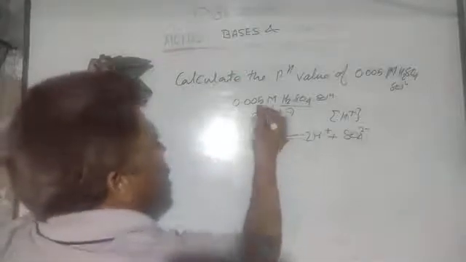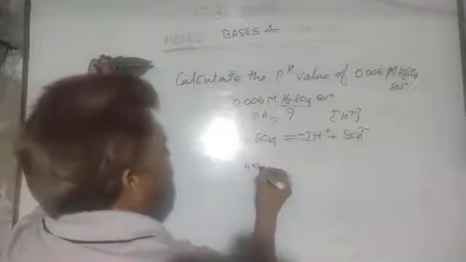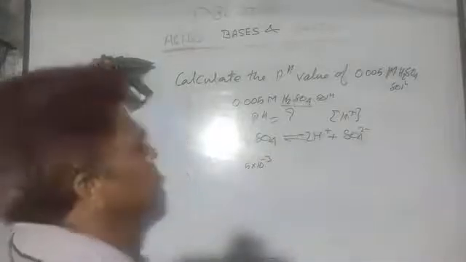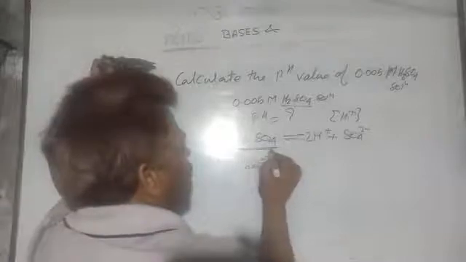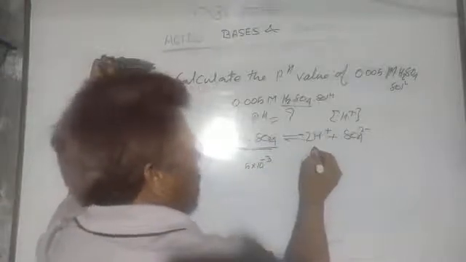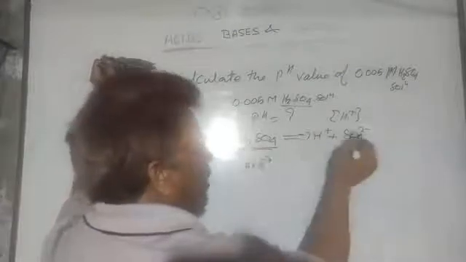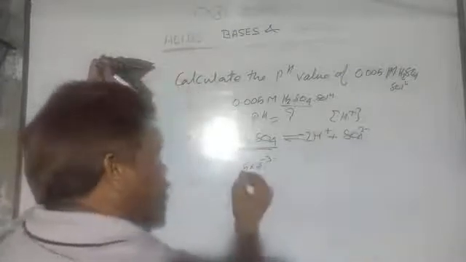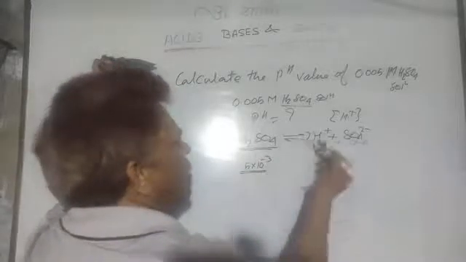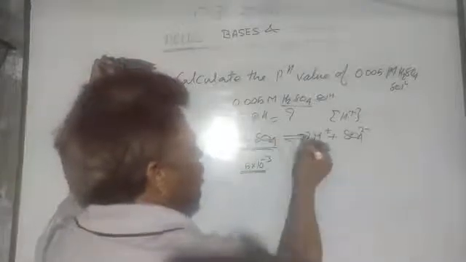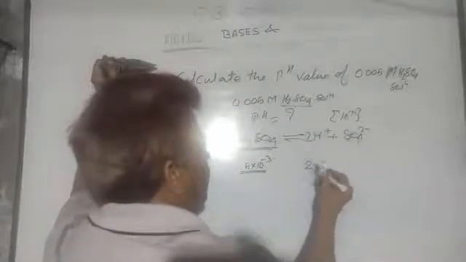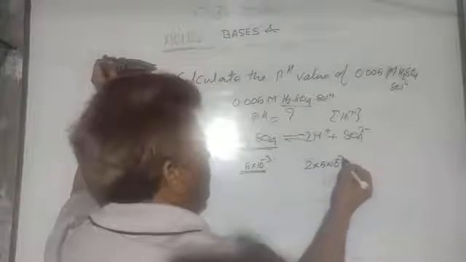So here the concentration given is 5 into 10 to the power minus 3 mole. So when 1 mole sulfuric acid dissociates into ions, that gives 2 mole of H plus, just double the mole of sulfuric acid, and 1 mole sulfate ion. So here the number of mole of sulfuric acid is 5 into 10 to the power minus 3. When that one dissociates according to this balanced ionic equation, you can write here 2 into 5 into 10 to the power minus 3.